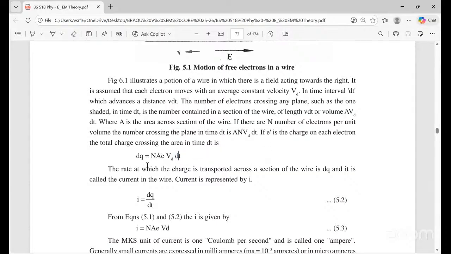What is dq by dt? From this equation, if dt comes to the left side, dq by dt is nothing but a current. So what remains is I equals n A e vd. Getting my point?